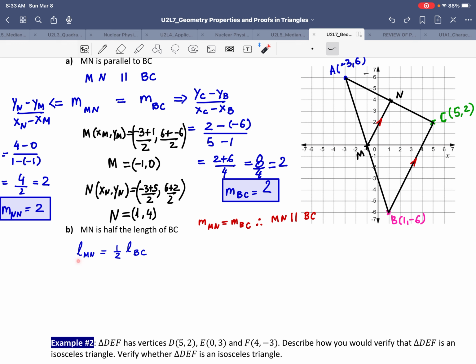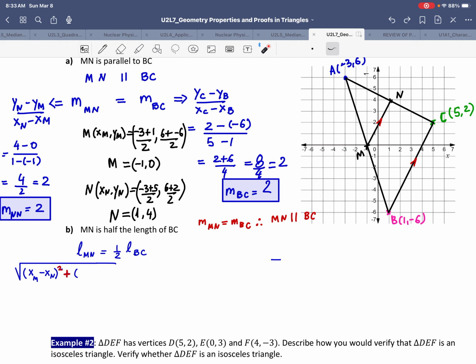So for MN, we're going to have equal to the square root of, we have x at M minus x at N raised to the power of 2. So always the coordinates from N to M, difference, square it. It's just like Pythagorean theorem.